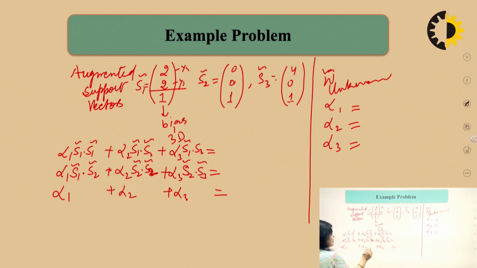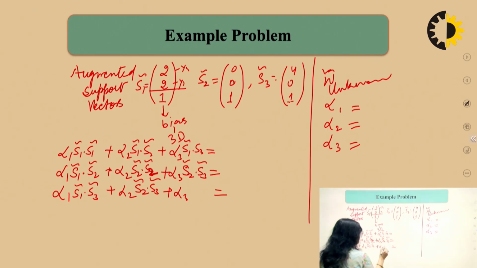The third equation, we are assuming that it corresponds to support vector 3. So you are first taking a dot product between S1 and S3, then between S2 and S3, then S3, S3, the dot product like this.